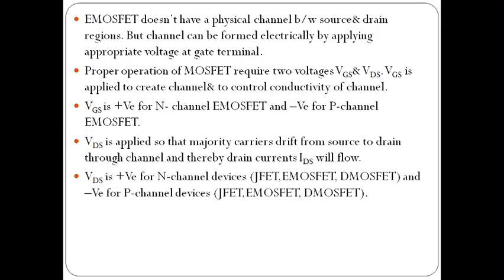VDS is always positive for any n-type FETs, that may be JFET, depletion MOSFET or enhancement MOSFET, and VDS is always negative for p-type devices, that are JFET, enhancement or depletion MOSFET. Now we'll see how we create the channel between the source and drain by applying the gate to source voltage VGS.